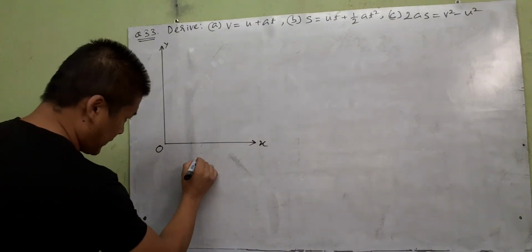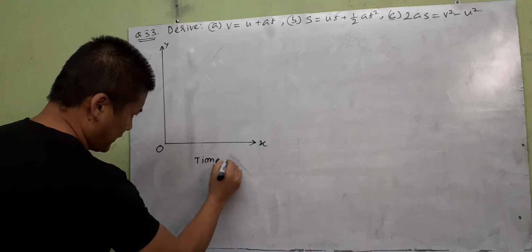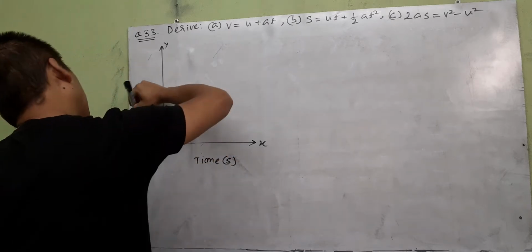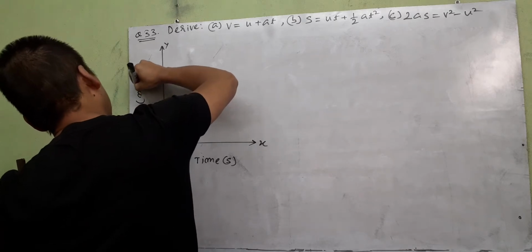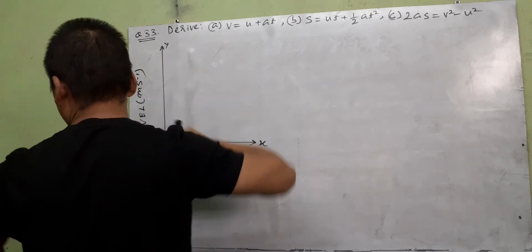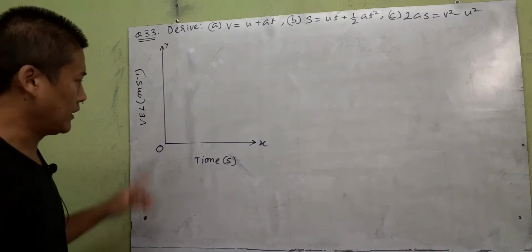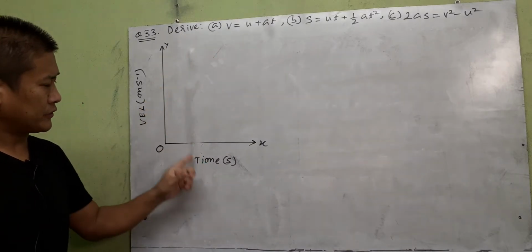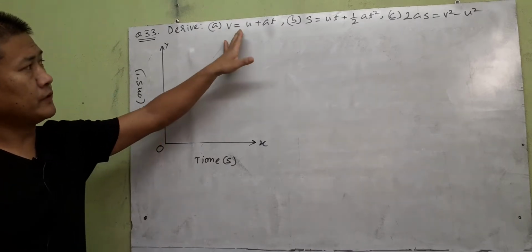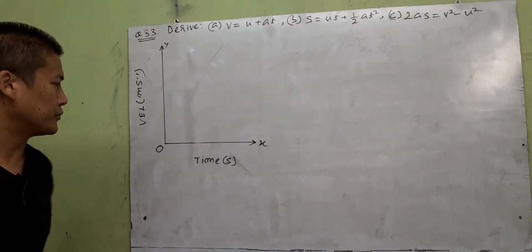On the x-axis, we plot the time in seconds, and on the y-axis, we plot the velocity in meter per second. This graph is called the velocity time graph. Basically, using the velocity time graph, we prove these are true. So let us do that.